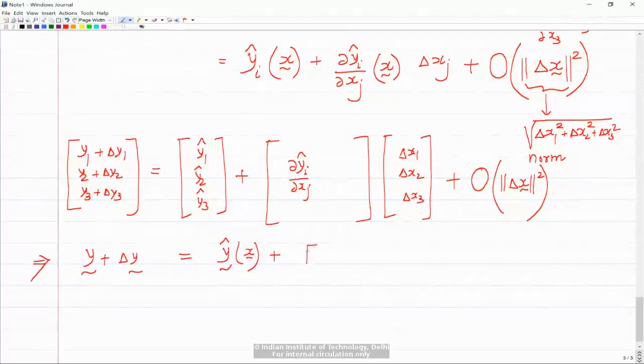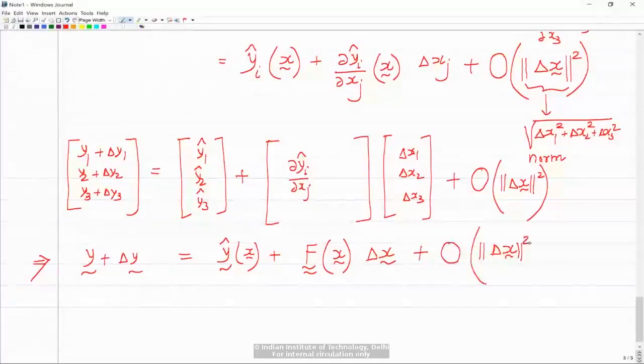So I could write it as big F at x multiplied with delta x. You see, matrix times this vector. So that's what I wrote here. Second order tensor multiplied with delta x. Okay? And plus this remaining term of the Taylor series.